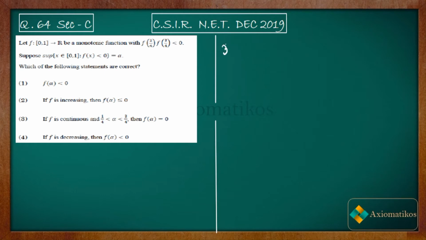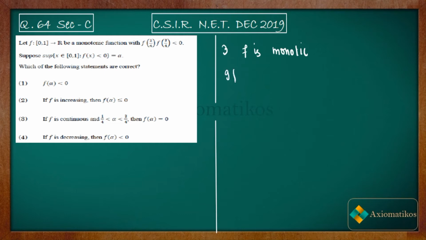Option 3 is saying that if f is continuous and alpha is lying between 1 by 4 and 3 by 4, then f of alpha is 0. In the question, f is given to be monotonic, so f is either an increasing function or a decreasing function.